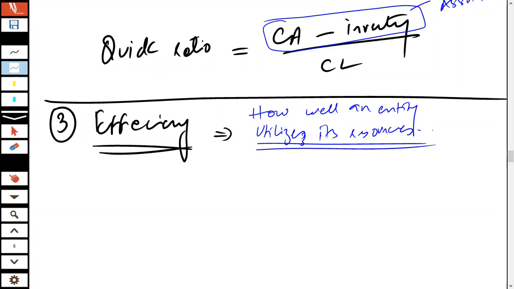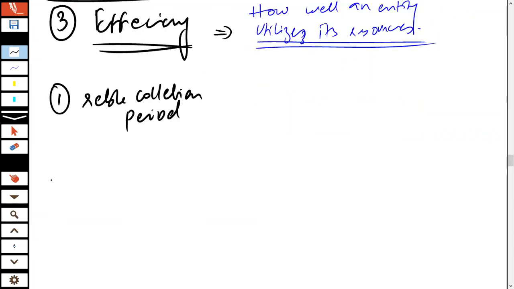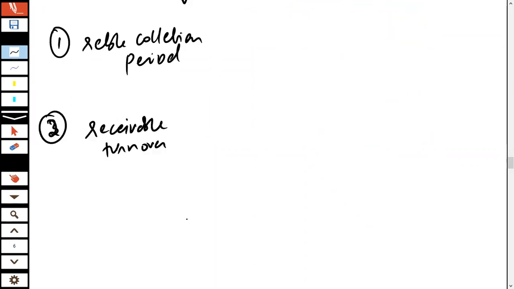Now, for us to be able to calculate the efficiency ratios, you need to understand that there are different types of efficiency ratio, which I'm just going to mention over here. One of them is called receivable collection period. The other one is receivable turnover ratio.